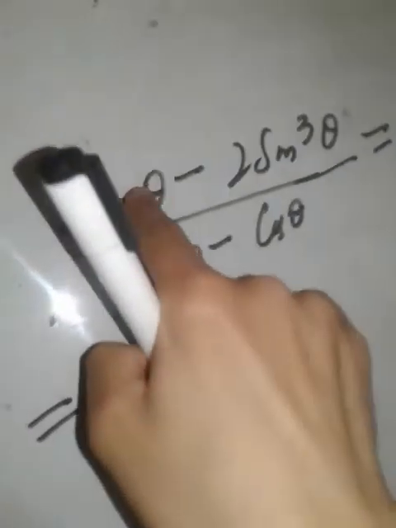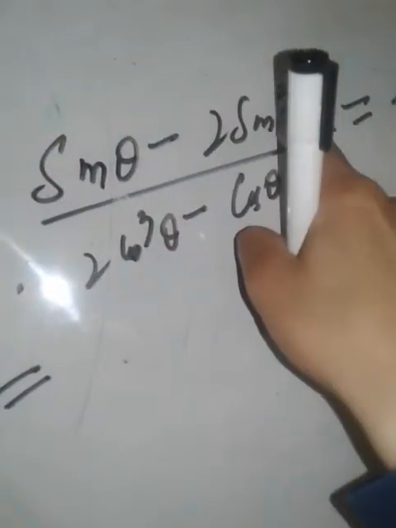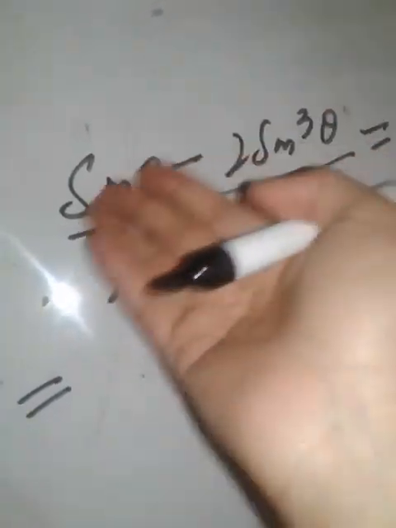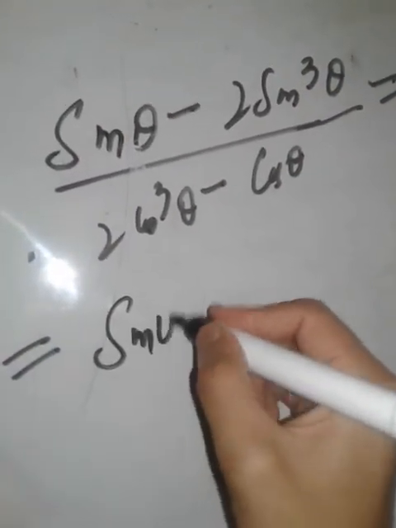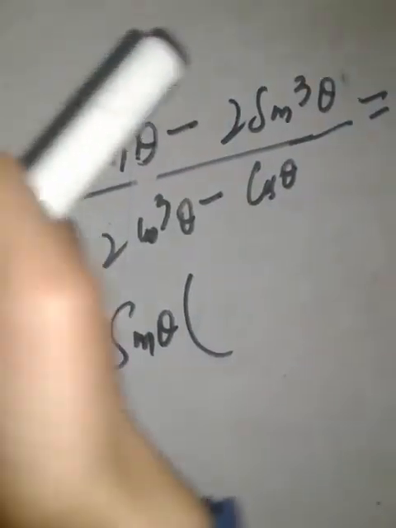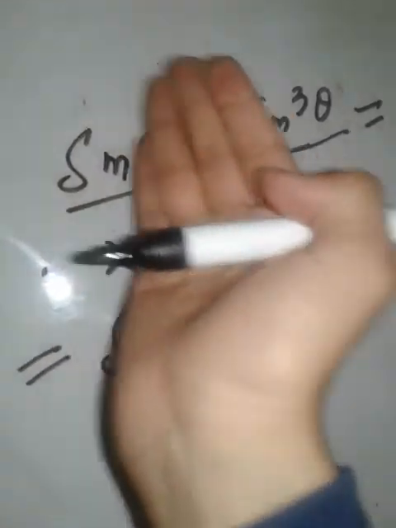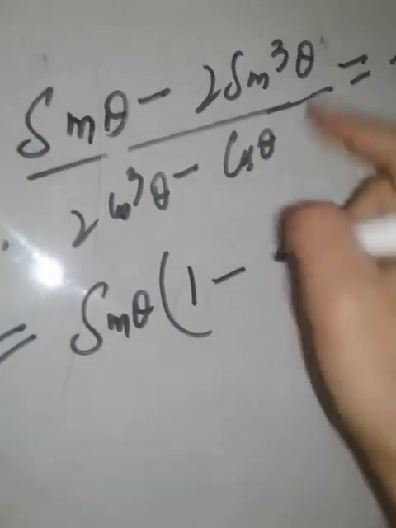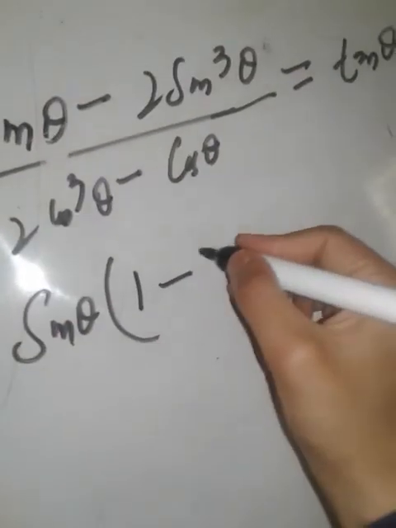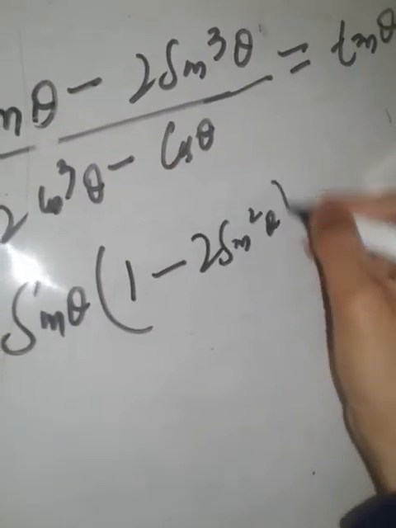Here we have sine theta minus 2 sine cube theta. We take sine outside, since sine is common to both quantities. When we take sine theta outside, we are left with 1 minus twice sine square theta.